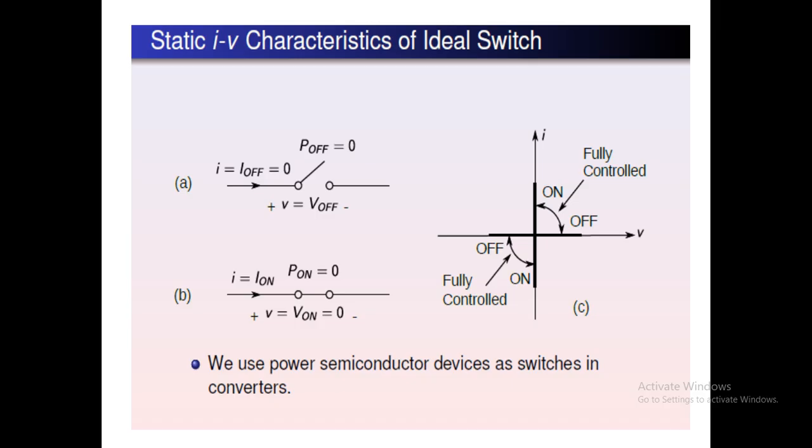That is also possible in the third quadrant, that is the negative side. The first quadrant is for the turn off to turn on condition, and the third quadrant is also for the turn off to turn on condition. So turn on to turn off, both can be reversed.